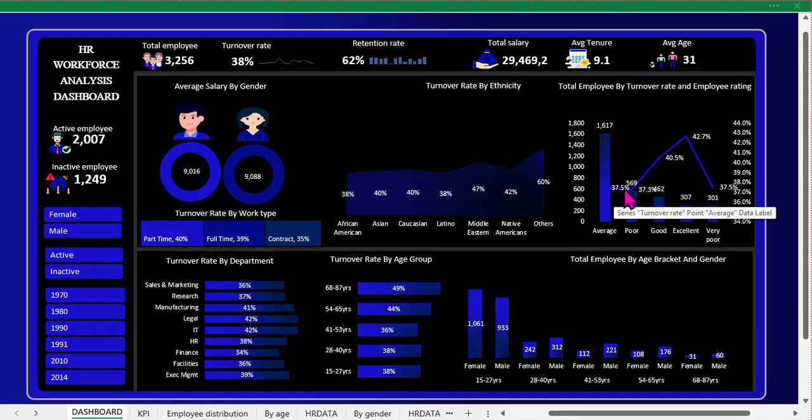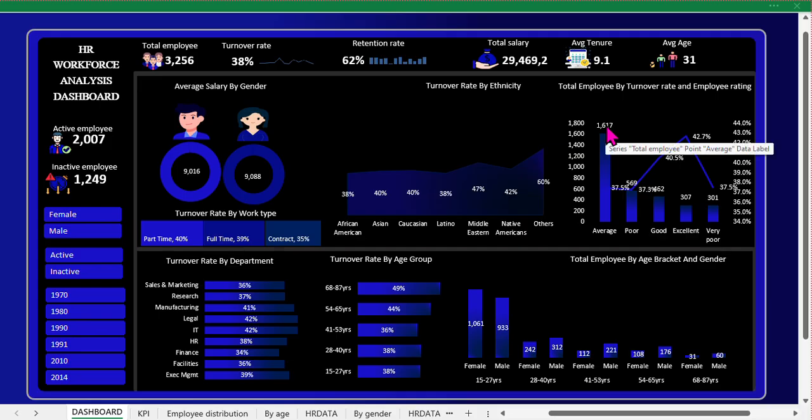So this is still high. People that rated poor are 569, and their turnover rate, or attrition, is 37.3%. So that is it for this chart.